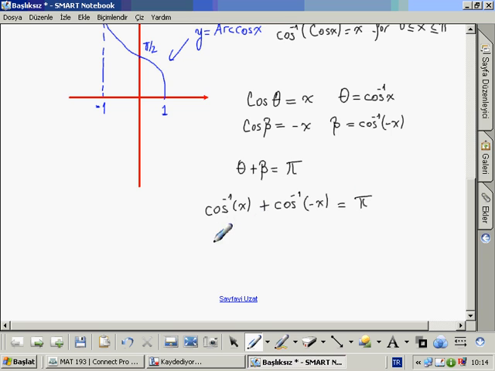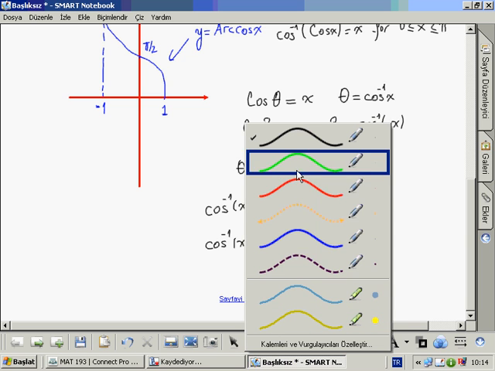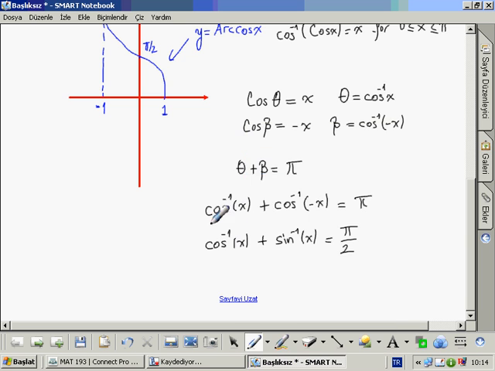So you can write inverse cosine x plus inverse sine x equals pi over 2. Don't forget these equalities.